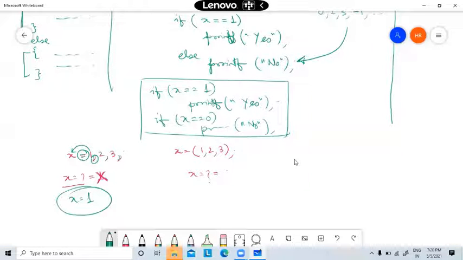Okay, but in this case I have used a parenthesis. Now this parenthesis has the highest precedence, so first within this parenthesis this thing will be executed. So 1 comma 2 comma 3, so what is the final value? Final value is 3. Okay, and then this assignment operator, so 3 is assigned to x. It means in this case x will be 3, but in this case x will be 1.